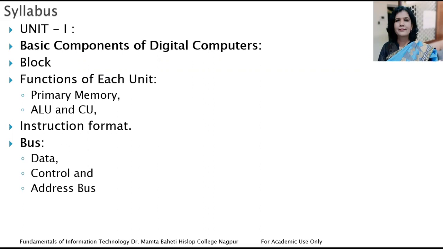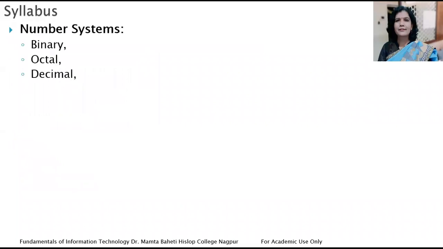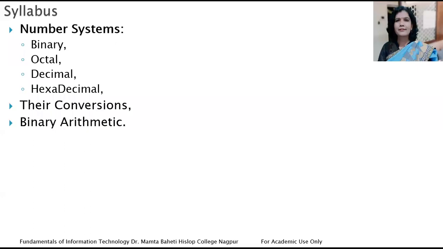Information format we will study, then the types of buses, that are data bus, control bus, and address bus. Then we'll see number systems, in that binary, octal, decimal, hexadecimal, and their conversions. Then we'll see binary arithmetic, in which ASCII code, BCD code, EBCDIC code we'll see.